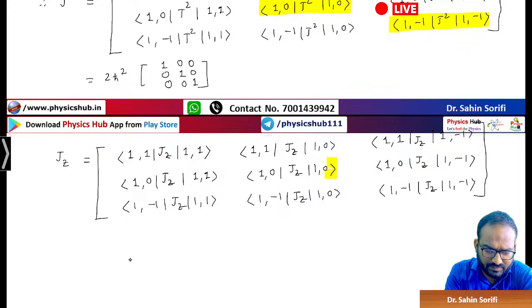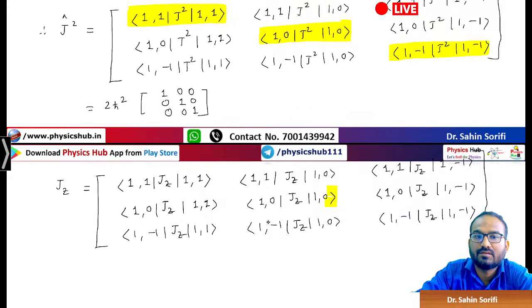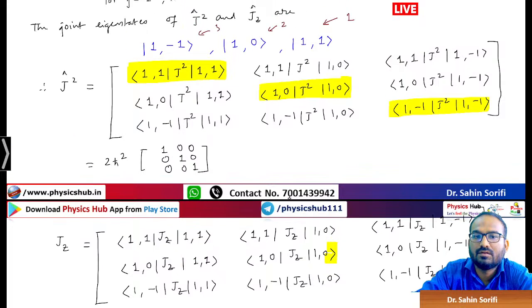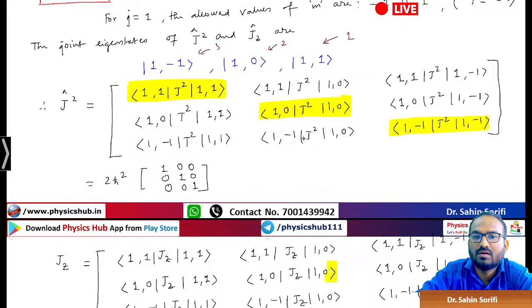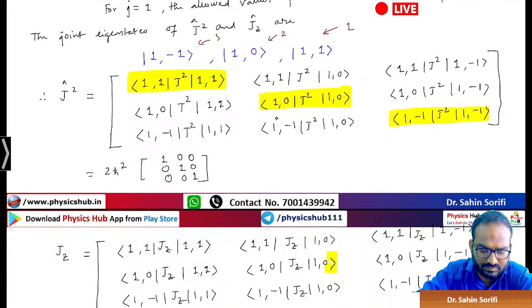Ket 10 in bra 01, but you have written the two positions the same as ket. This one? Ket 10 in bra.